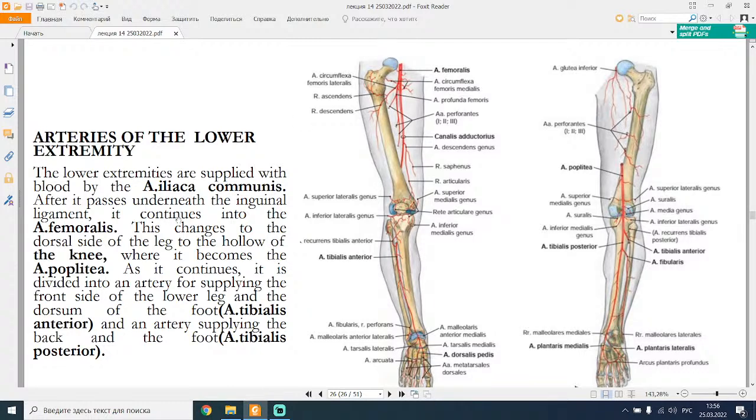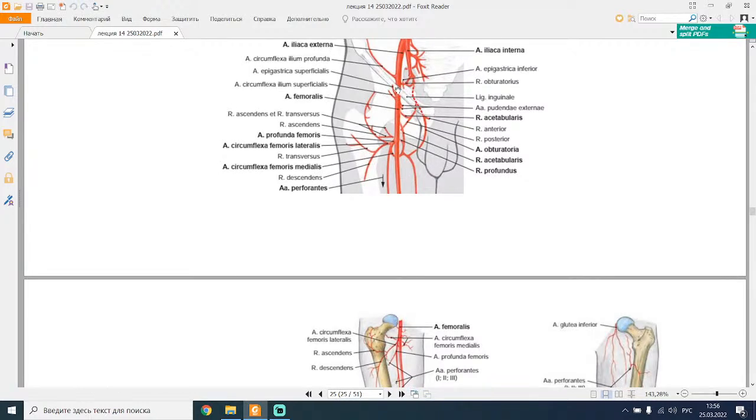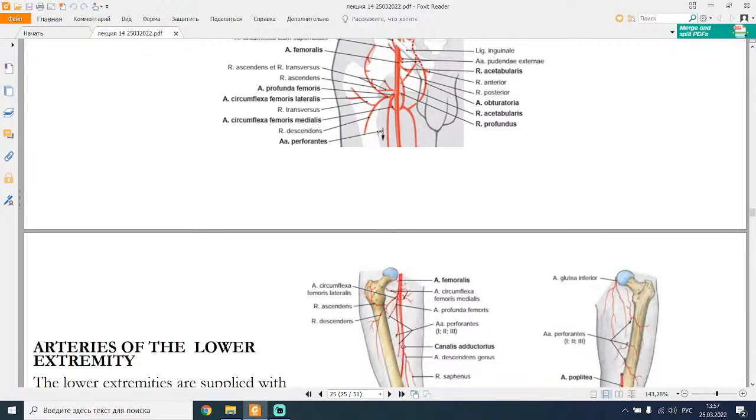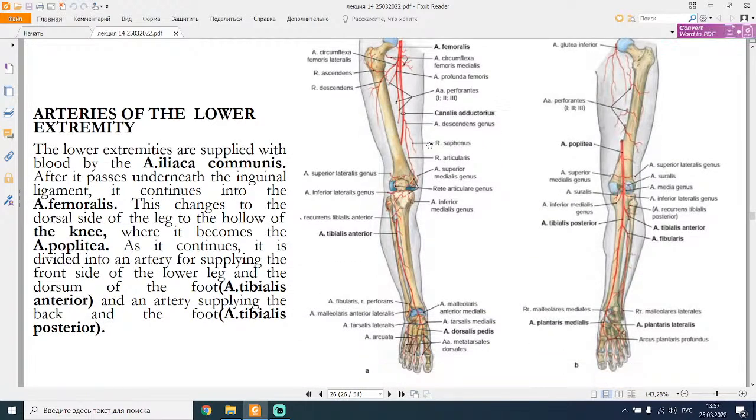After it passes underneath the inguinal ligament, it continues into arteria femoralis. This changes to the dorsal side of the leg to the half of the knee, where it becomes arteria poplitea.